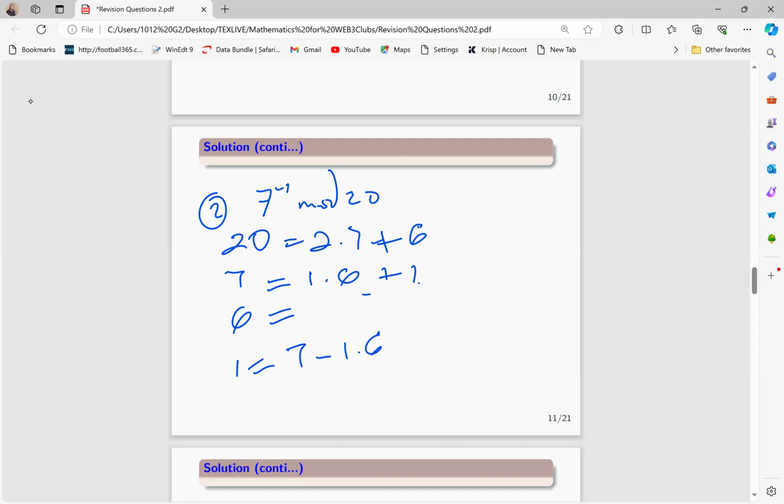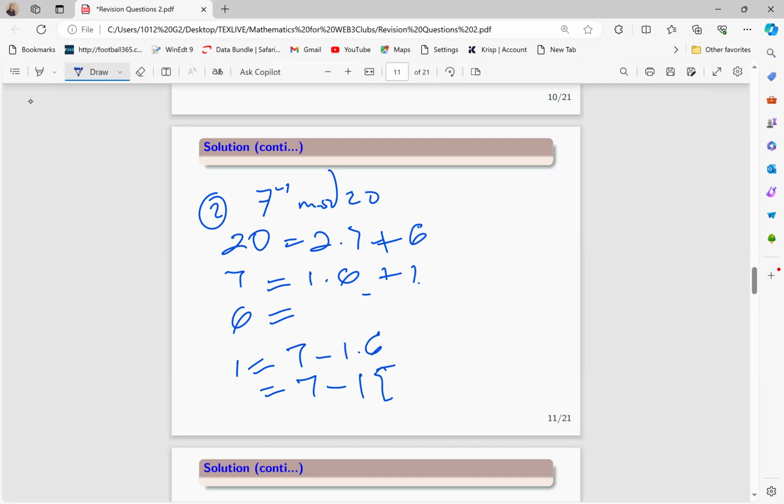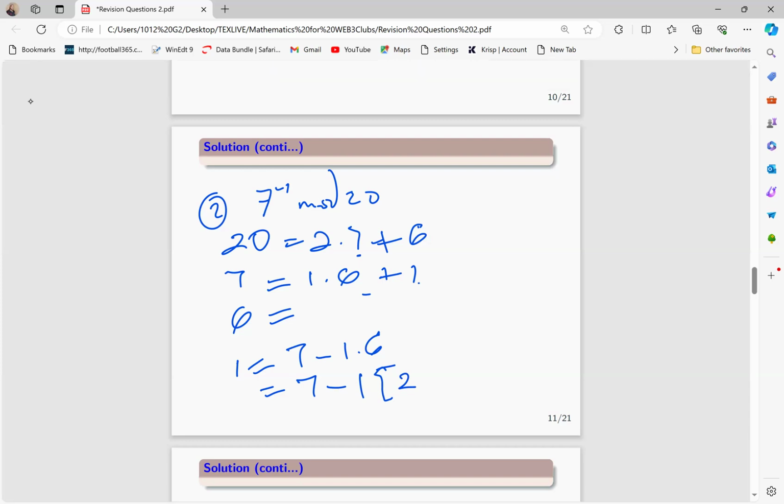Correct. And then we start to substitute the numbers. Here it will be 7, then 1, 6 here. Are we substituting with this? This is the 6. Yeah, so you write the equivalent of 6: 20 minus 2 times 7.